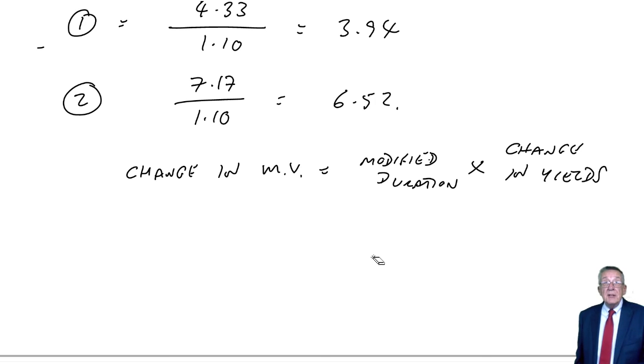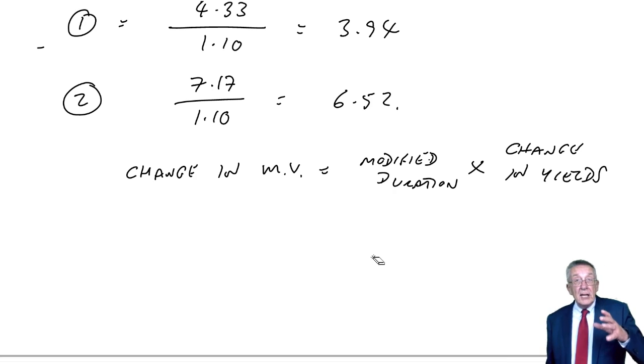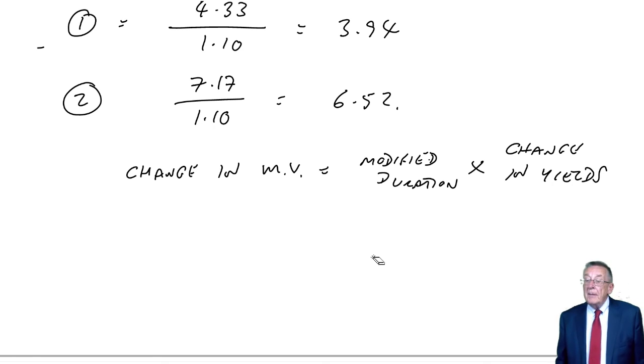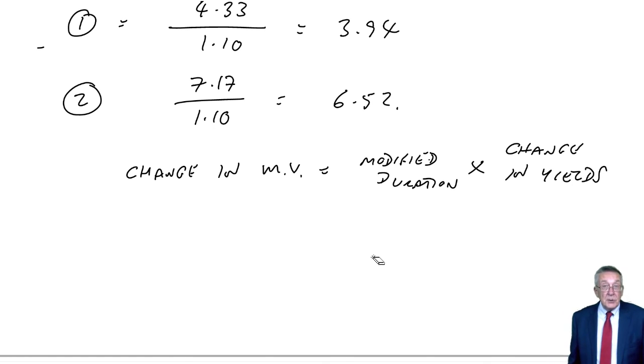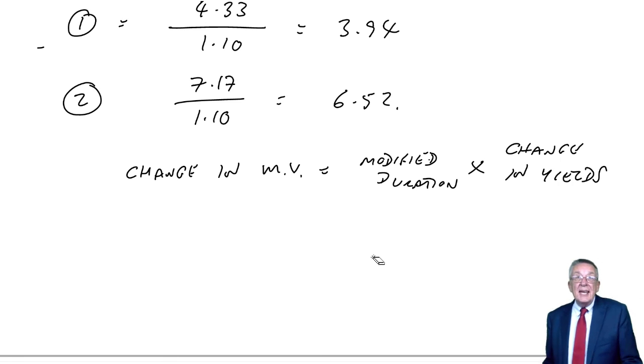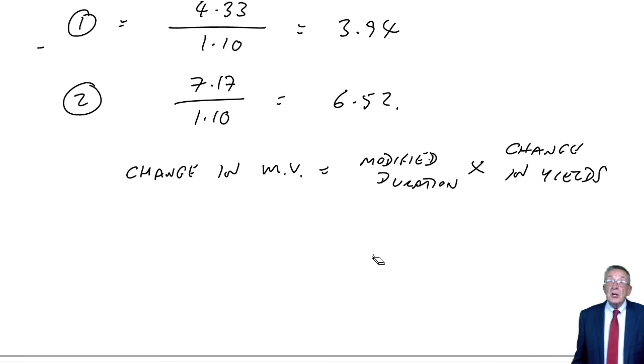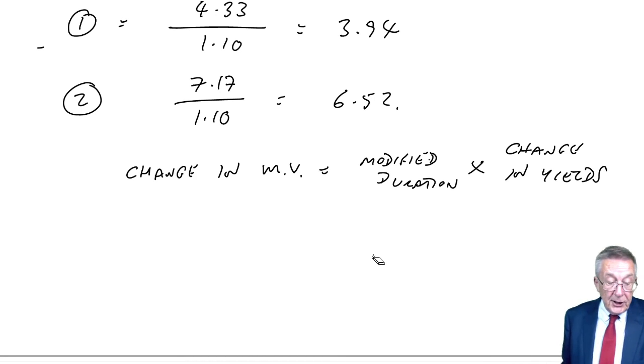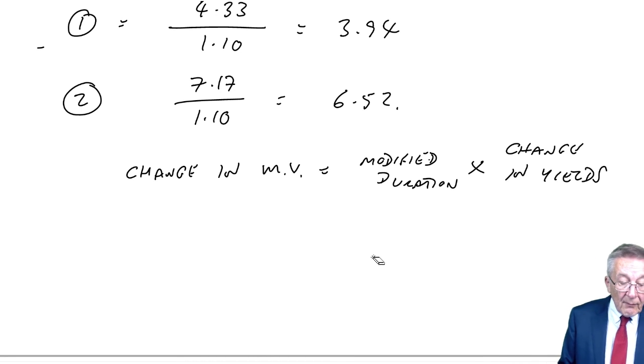But it does mean if you were choosing between them, in real life, you would obviously consider the yield. Higher yield is better than lower yield, even though here they're the same. But you'd also take into account the sensitivity. 2 is more risky than 1 because your capital value is much more affected by changes in interest rates.